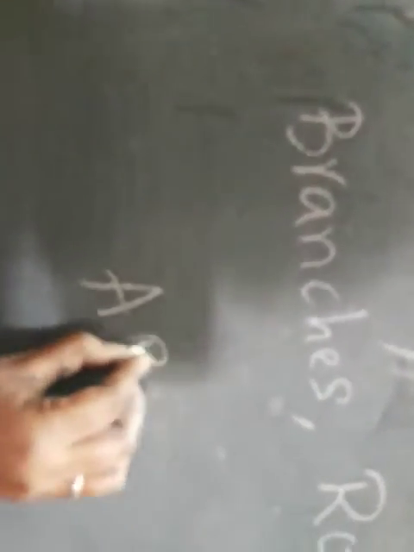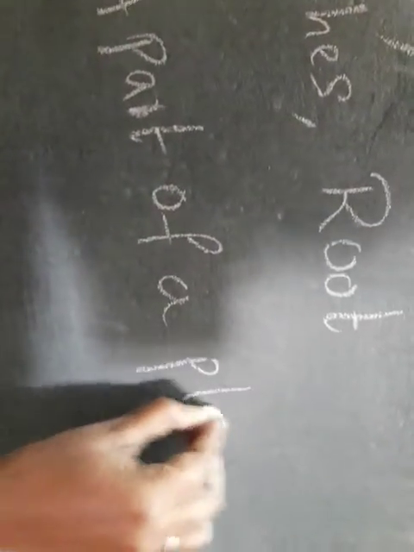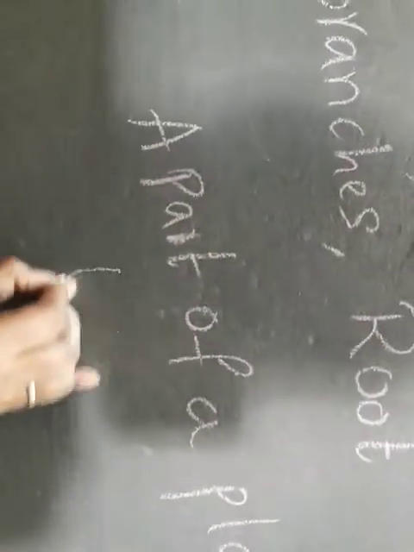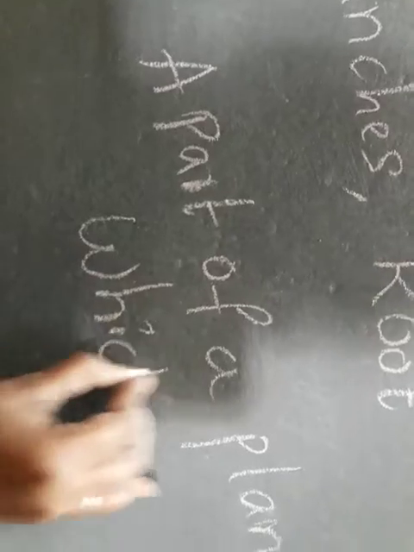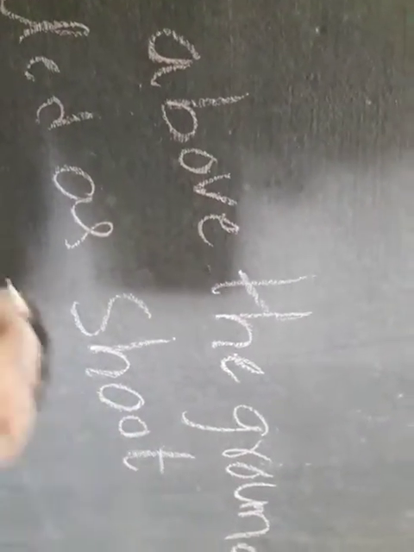Here see children, a part of a plant which grows above the ground is called shoot. S-H-O-O-T, shoot.